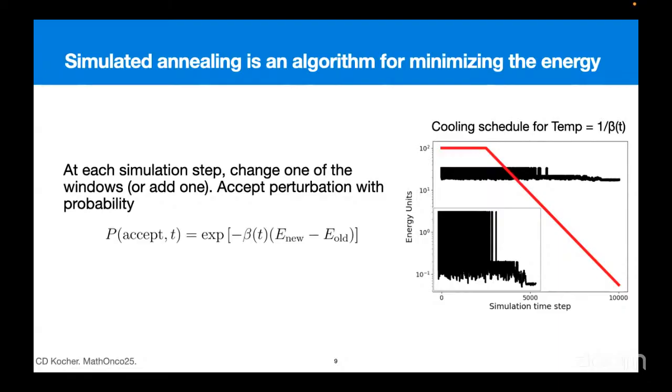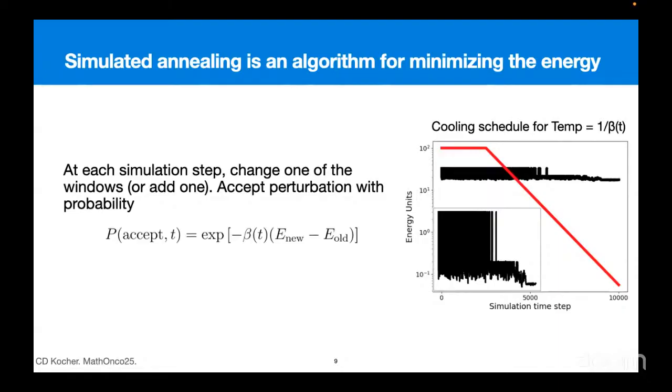And then you recompute your energy, your objective function. And you say, okay, does the new schedule do better than the old one? If it does, you accept the change. And if it doesn't, then you probabilistically accept the change. You probabilistically accept it to stay out of local minima so you can find the global minimum of your energy landscape.